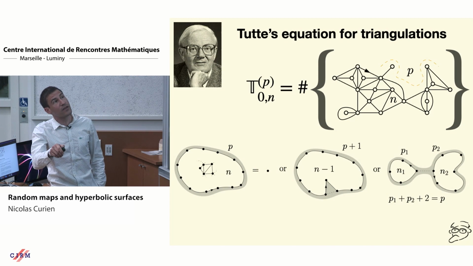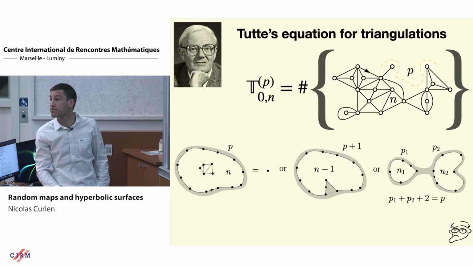If you discover a triangle, that means that in the remaining map here in white, you must have n-1 triangles because you just discovered one, and the perimeter has increased by 1. Otherwise, if you split the map in two, the number of triangles here, n1, and here, n2, sum up to n-1, and the perimeters also have constraints: they have to sum up to 2p.